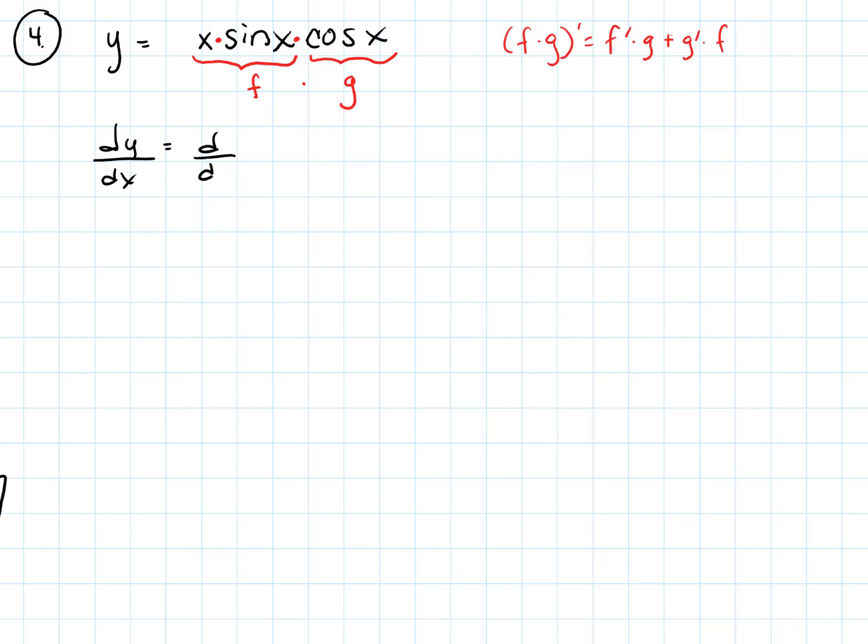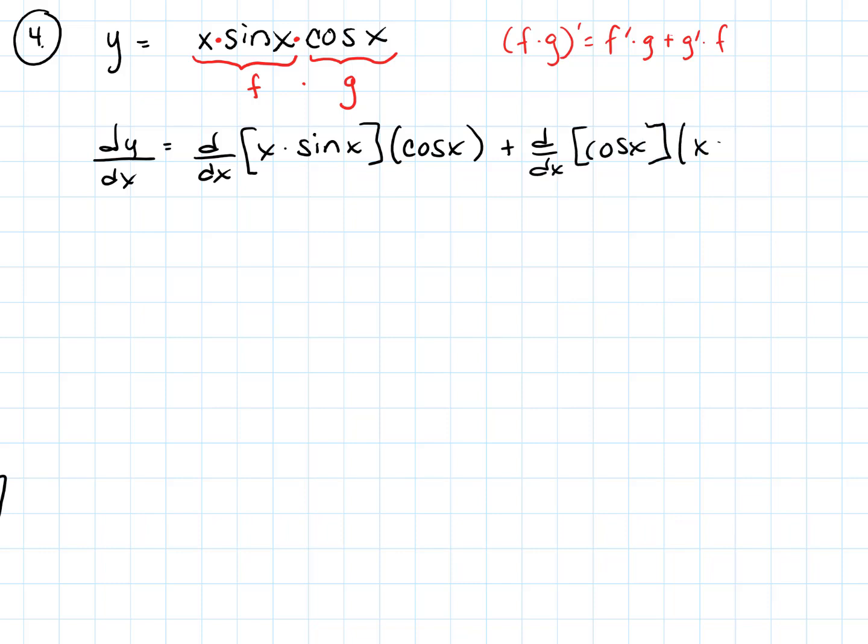When we apply the product rule, we'll have to remember that when we take the derivative of f, it itself is a product. And so we'll apply the product rule twice there. And then the derivative of the cosine of x times x sine of x. So now when I take this derivative, I have to remember that this is also a product.